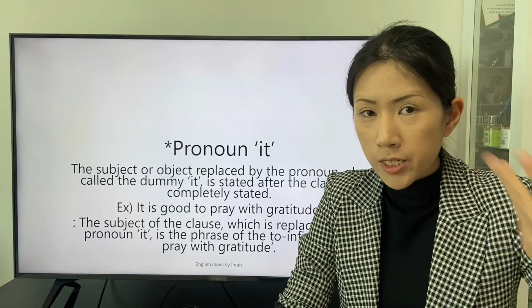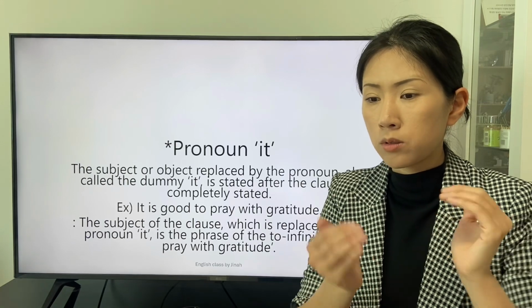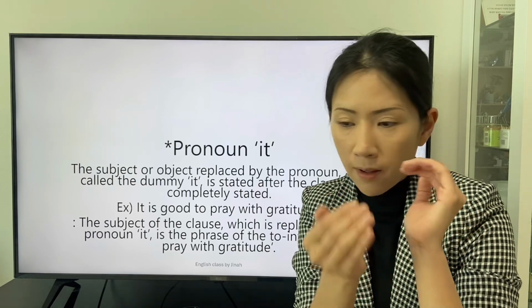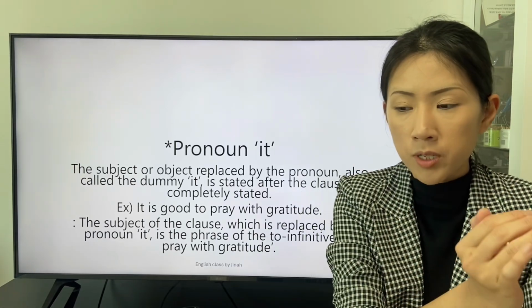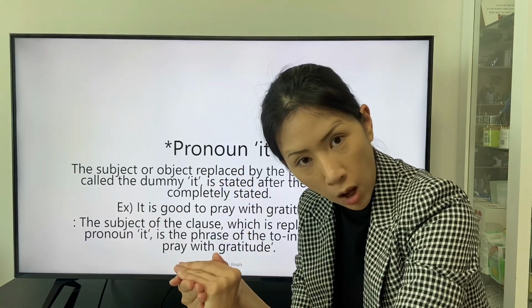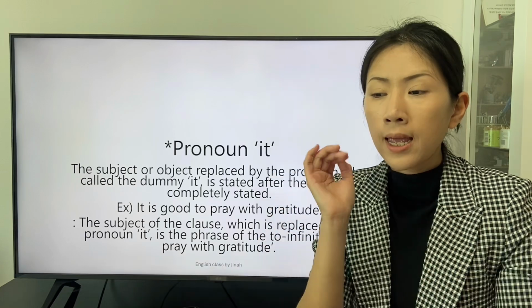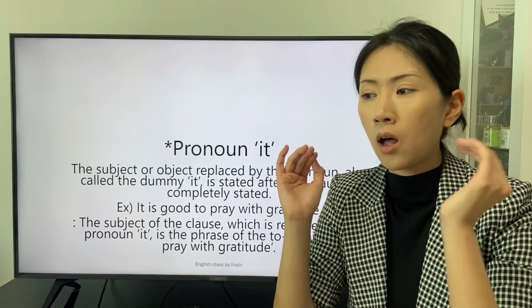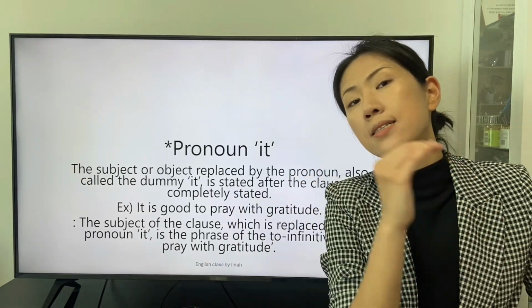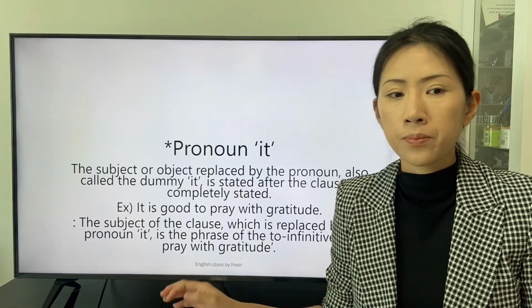So the listeners can get the information about the description by the verb to describe the subject or the objective complement to describe the object. And the subject or the object replaced by the pronoun it is stated after the clause is completely stated.